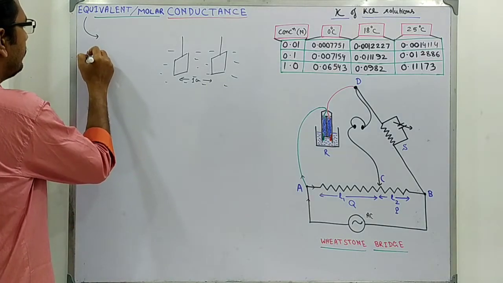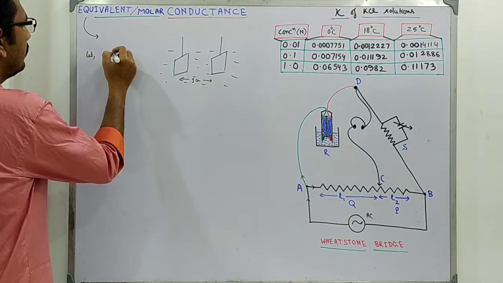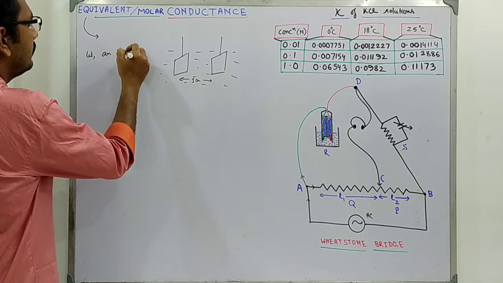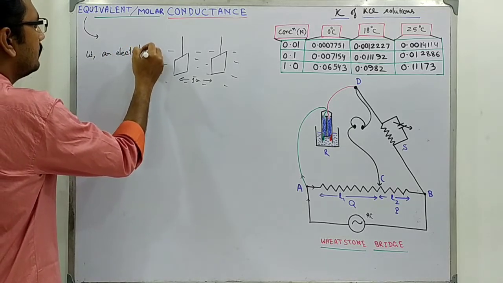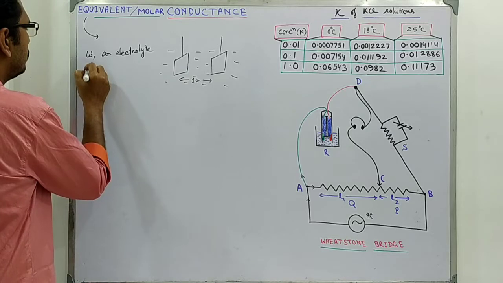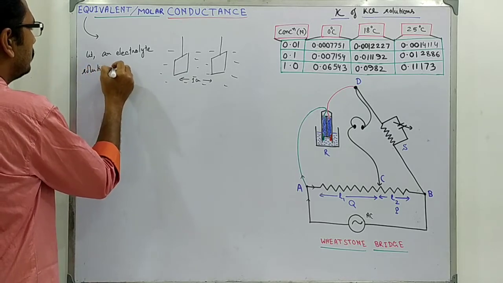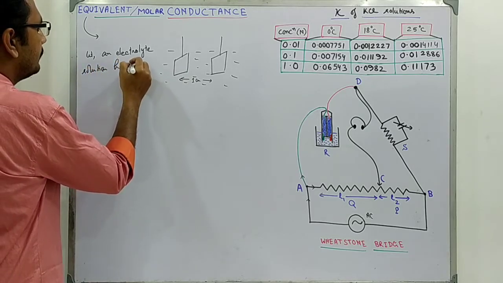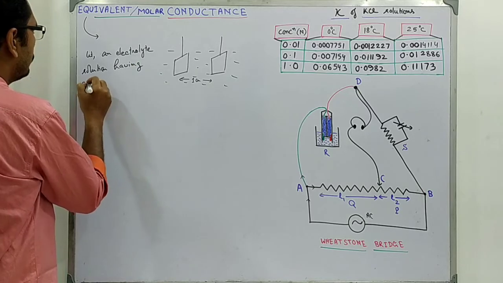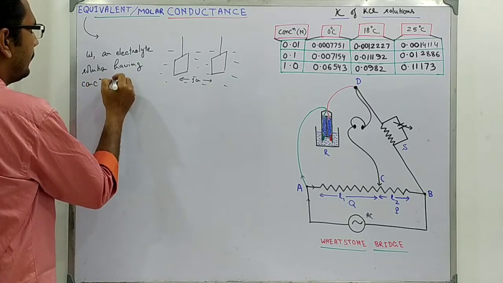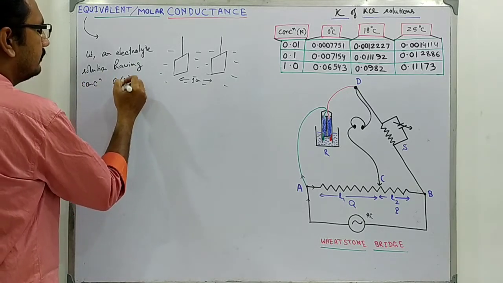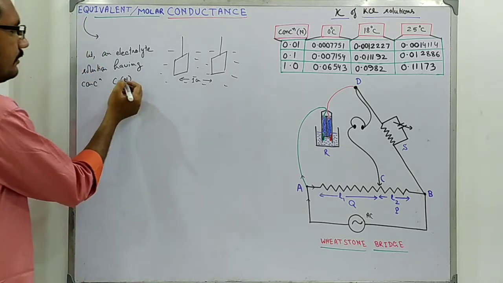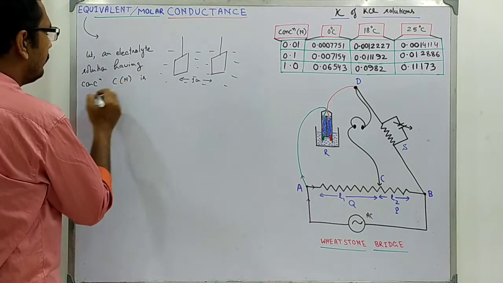Let an electrolyte solution have concentration C normal, gram equivalent per liter, that is, normality is given to you.